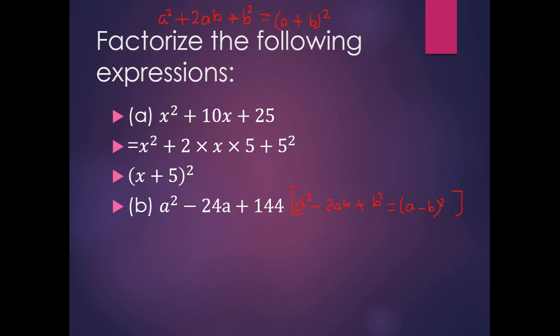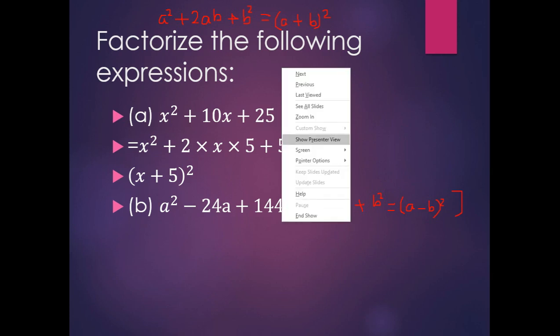So our first and last terms are perfect squares: this is a square, and this last one is b square.